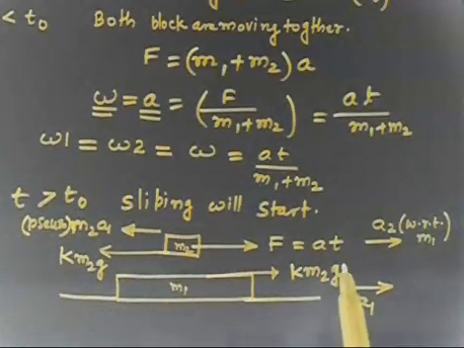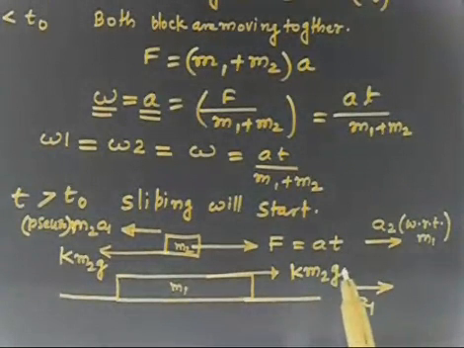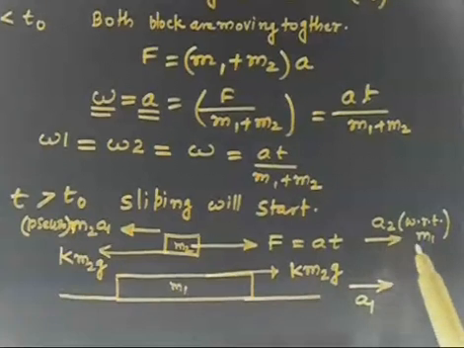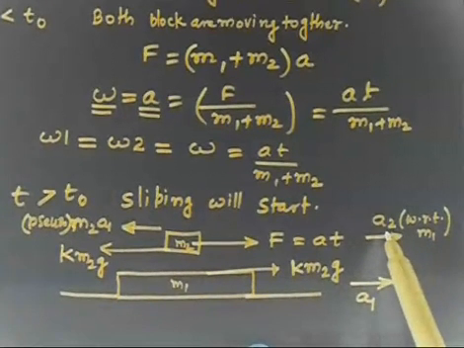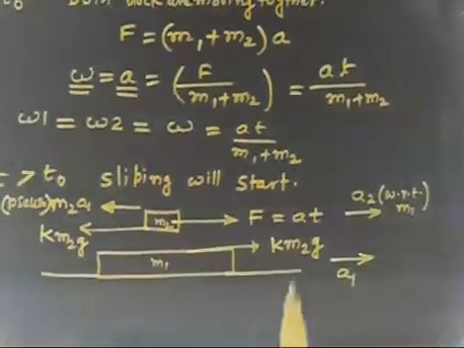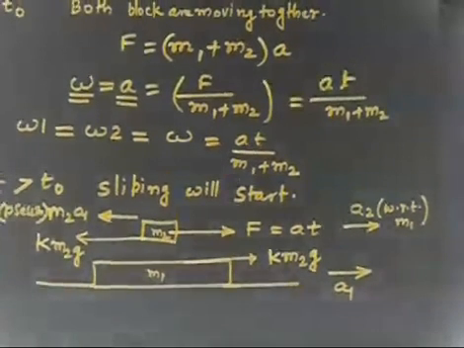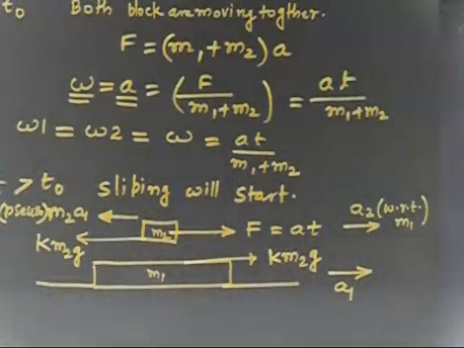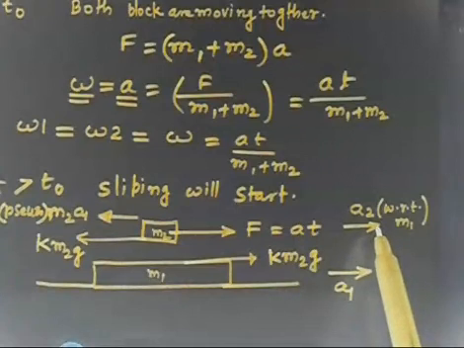Now let us calculate the time when slipping just starts. When slipping just starts, at that point of time A2 will be 0. Did you agree or not? So you see what we are saying: when T is equal to T naught, I can say the relative acceleration is 0.